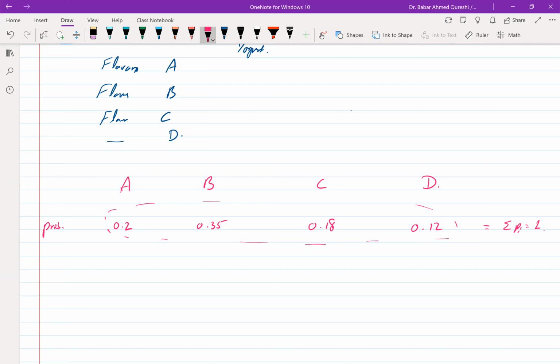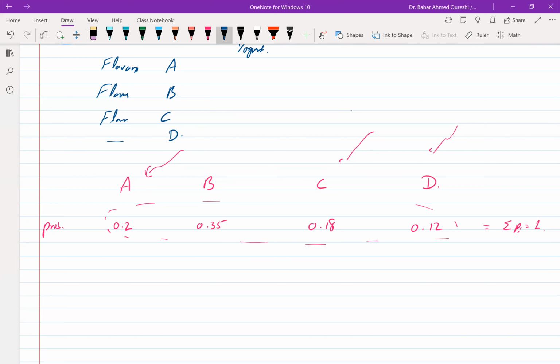Now, what they do, they run an ad campaign, and they think that these flavors are not doing that good. So they run an aggressive advertisement campaign. And after 1 month of advertisement, they go out and they take a sample.